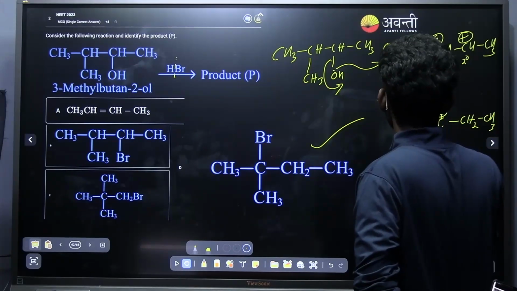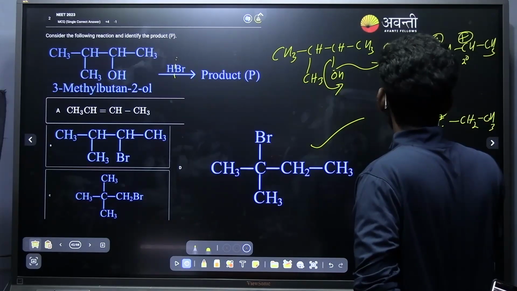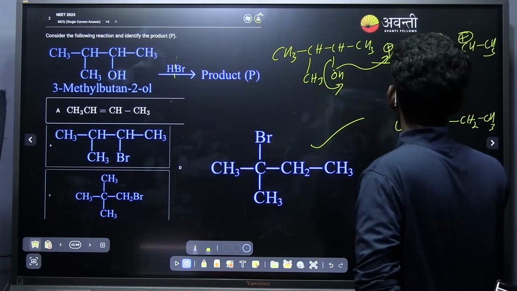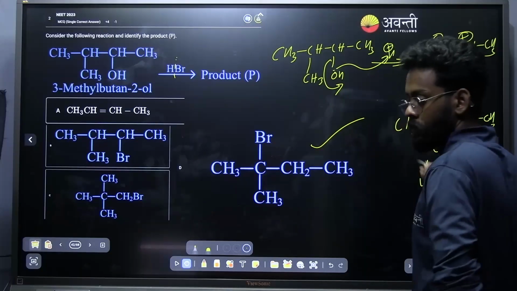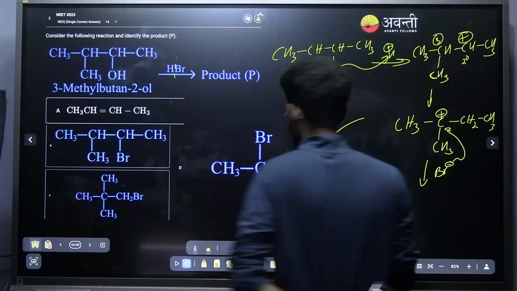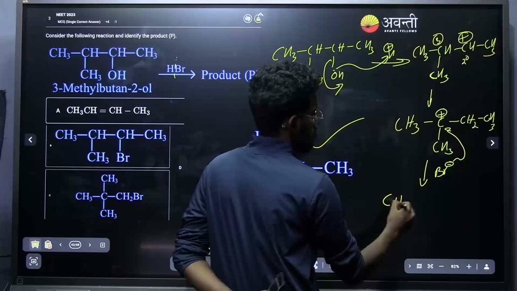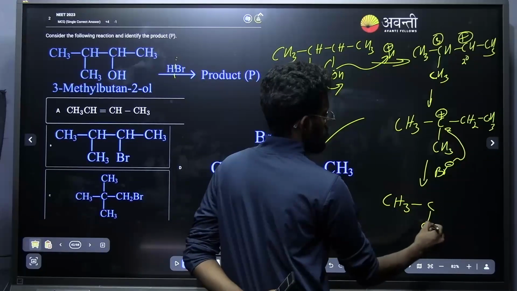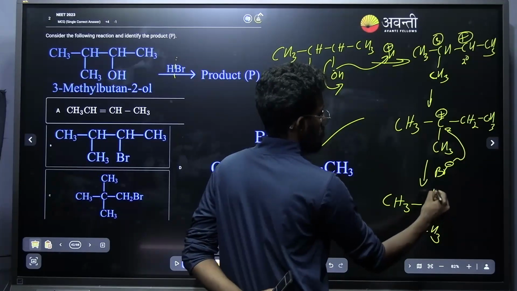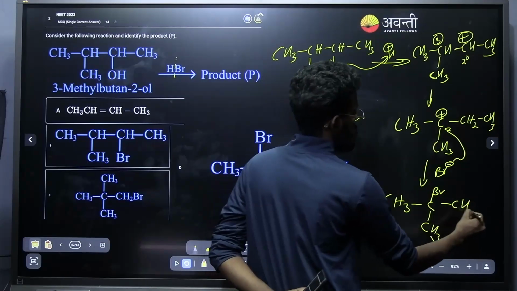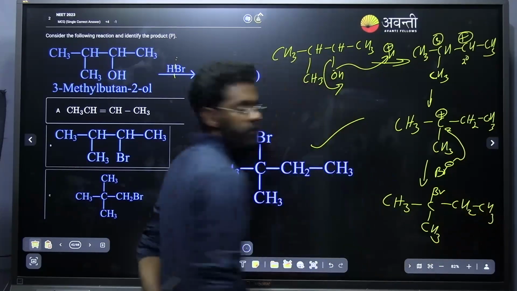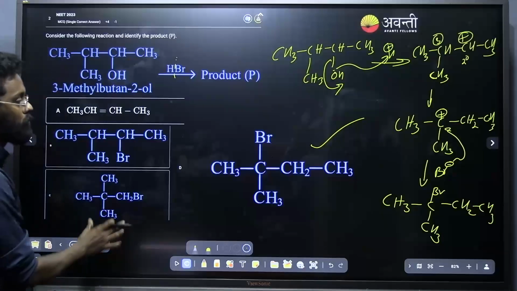Br minus will attack this tertiary carbocation, resulting in the formation of CH3, CH3, Br, CH2, CH3. Here is how you have to find the answer.